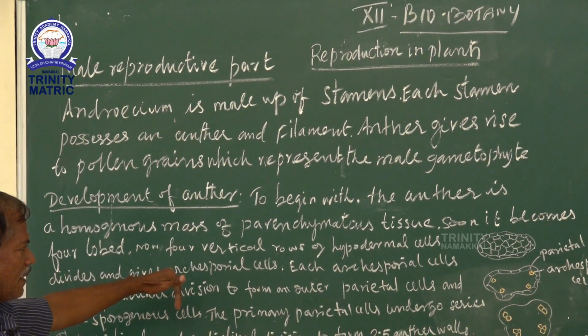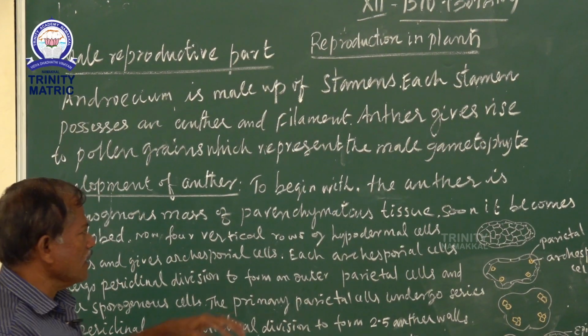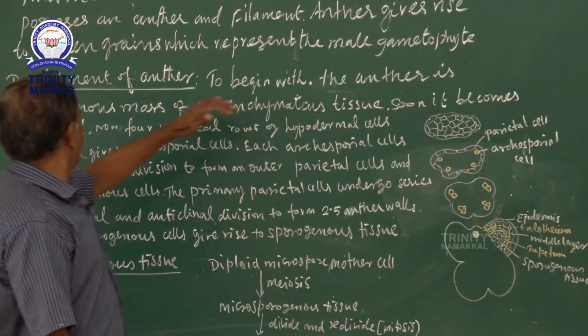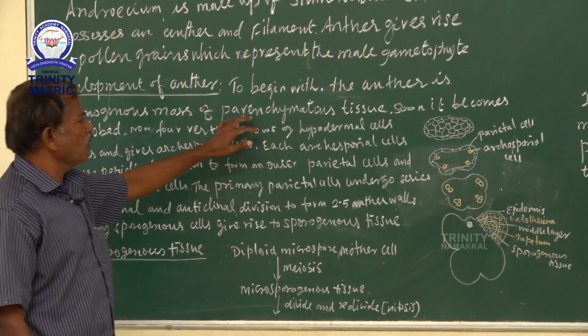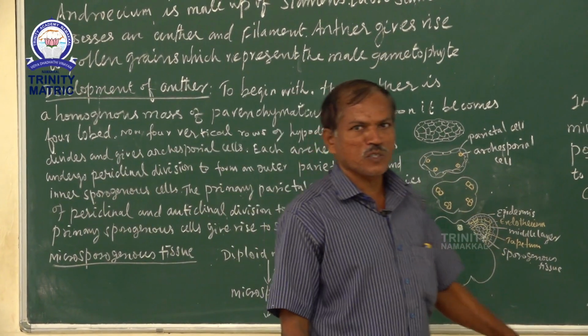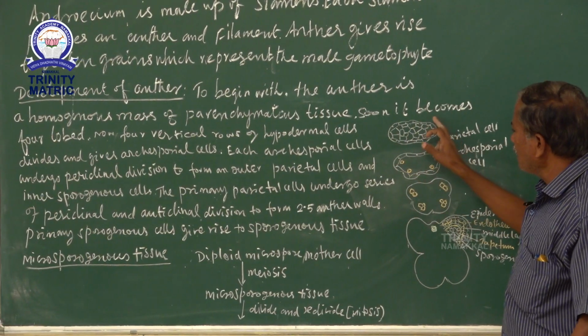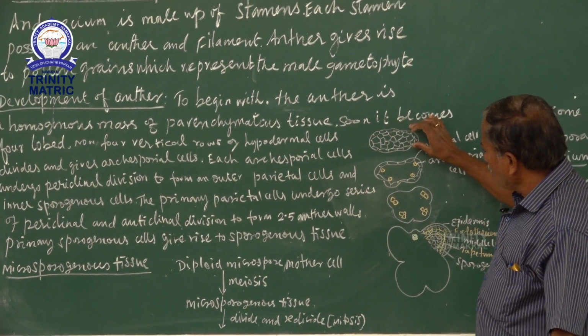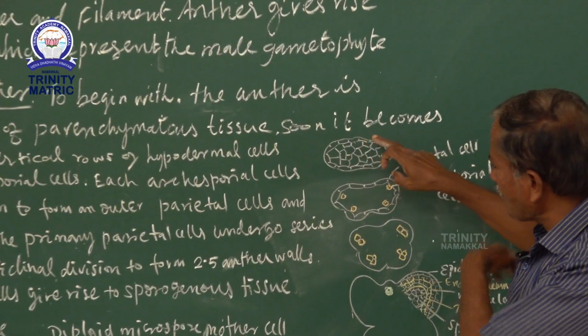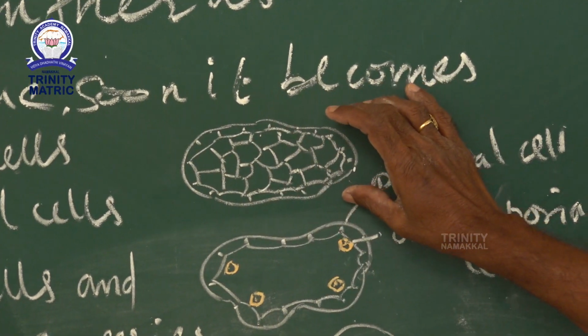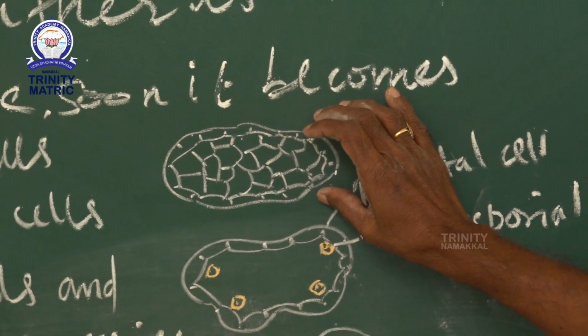At the beginning stage, in the stamen, the anther is a homogeneous mass of parenchymatous cells. At the initial stage, the stamens are formed from a mass of parenchymatous cells, with no differentiation in these cells.